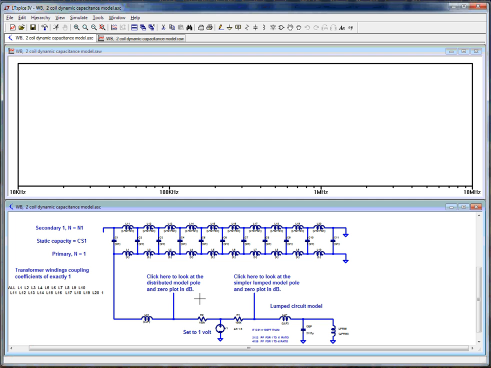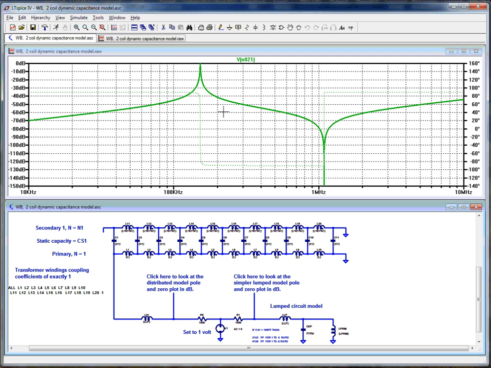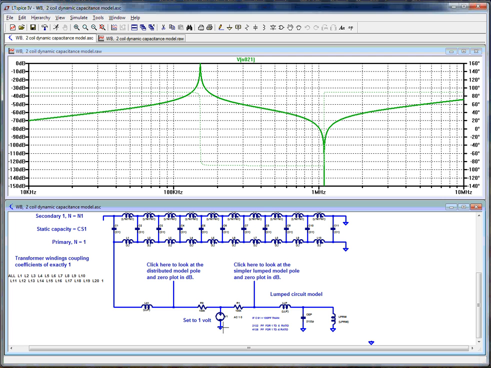Okay, it's done. We're going to look at the impedance at this point. You see that's what it looks like. There's a pole and a zero of impedance. It's also a pole and zero of transmission because of the way we have it hooked up. A generator driving through a resistor, and it's a transfer function measured at this point.